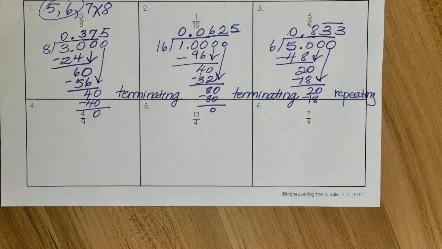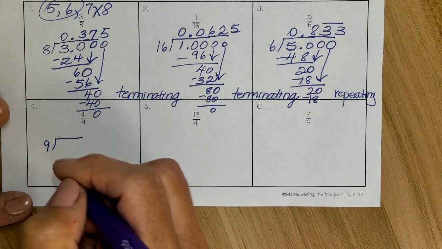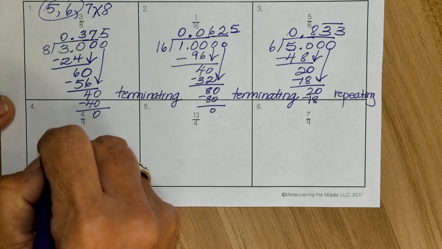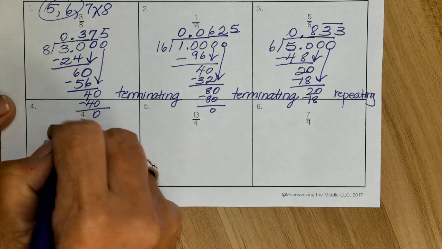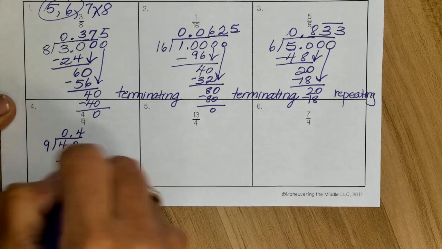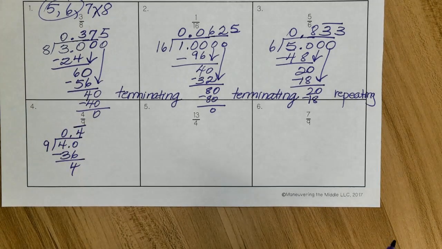Okay. Take a look at number 4. Number 4, you have 4/9. Has anybody already gotten this answer? Okay, what do you have? 0.4 repeating. That is 0.4 repeating.